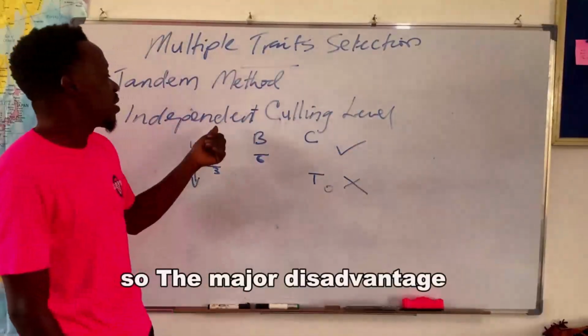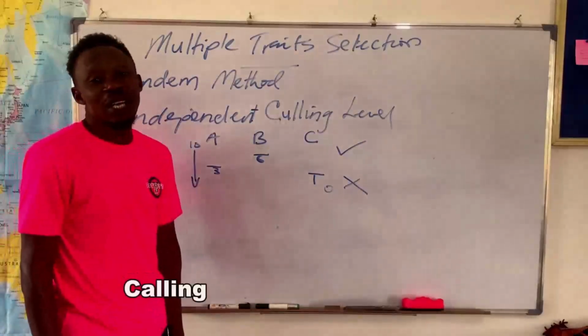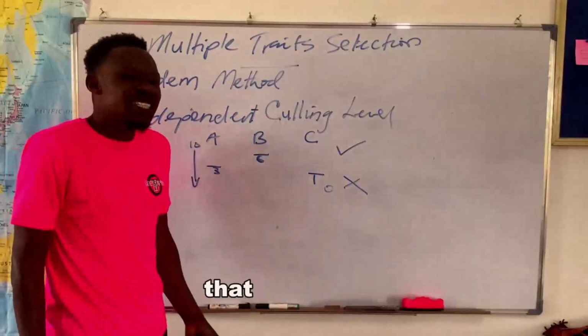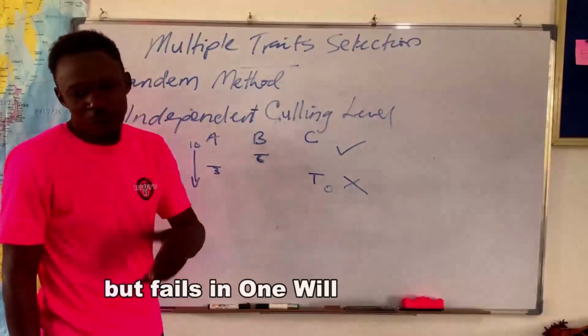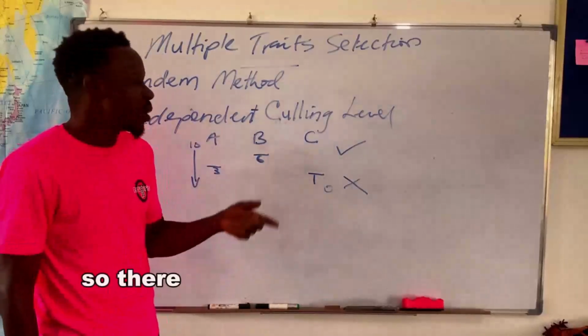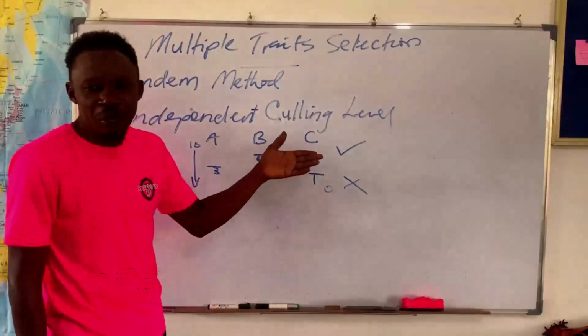So the major disadvantage of independent culling level is that an animal that is excellent in many of the traits but fails in one will be discarded. So there will be no room for such an animal.